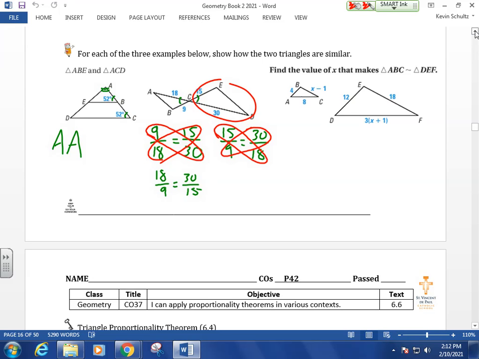So if you compare short with short and long with long, that's why the 9 and the 15 go together there, and the 30 and the 18. 9 and 15 are both the short sides of that triangle. 30 and 18 are the long sides. So, long story short, are these two triangles similar? Yes. Because of side, angle, side.